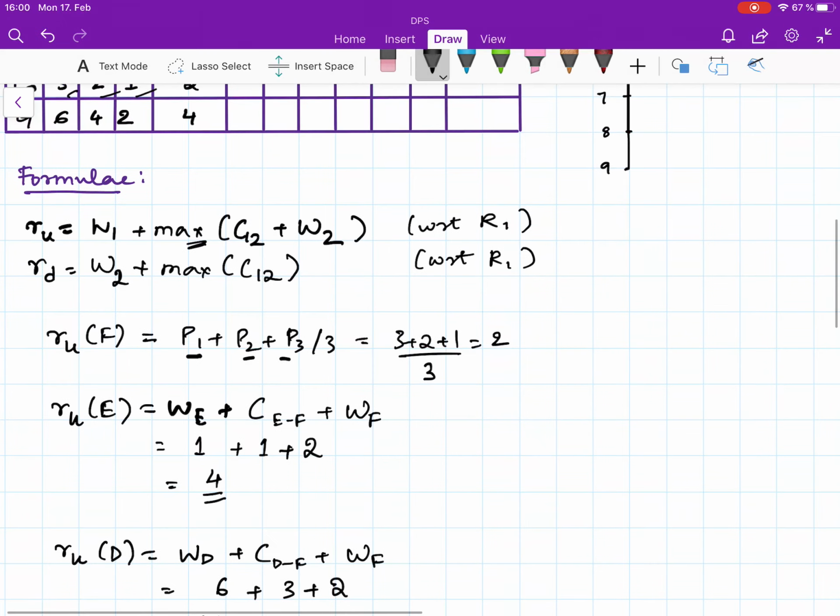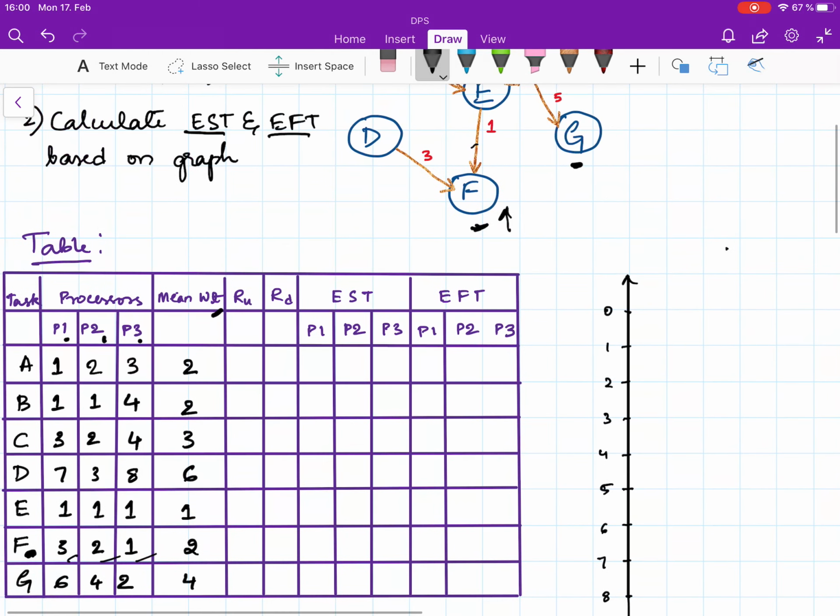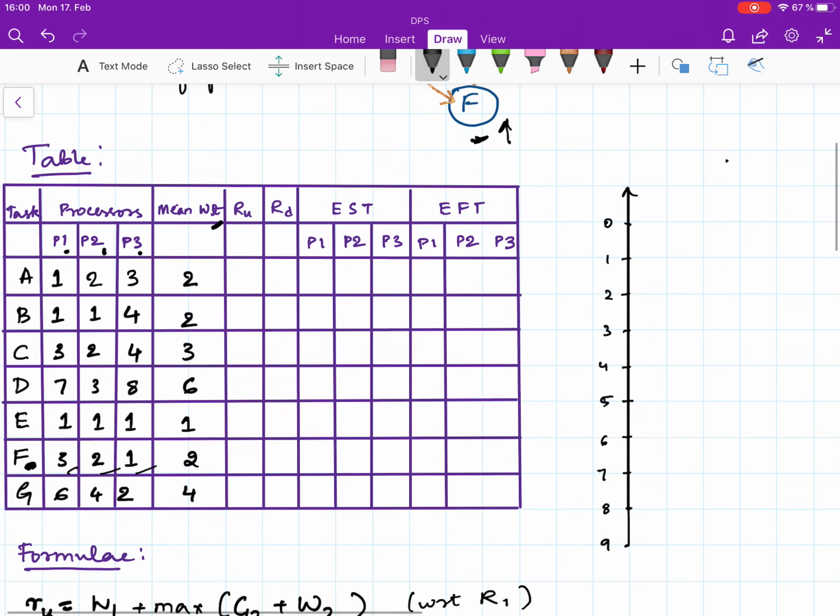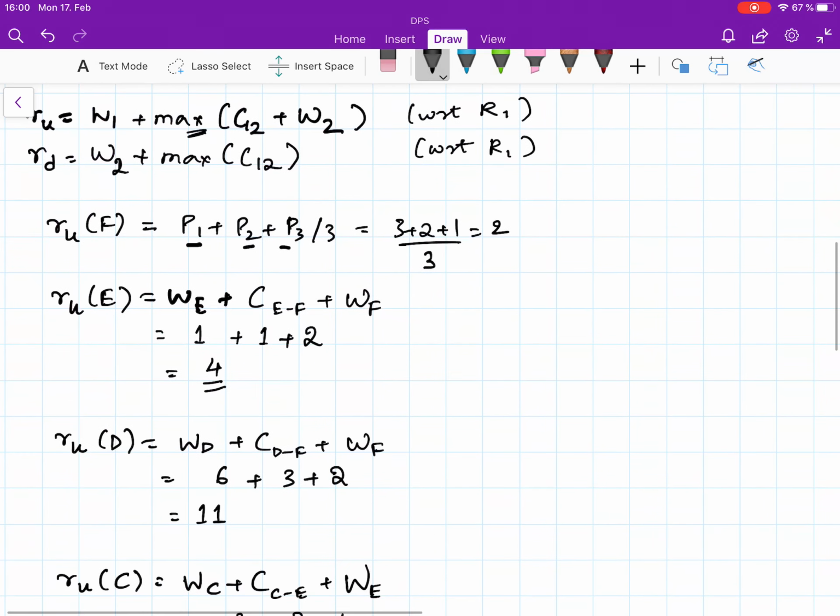Okay, so the next task would be D. It's the same again, weight of D, and since D has a lower node which is F, calculate the communication between D and F, and you add the weight of F. This is pretty simple again, right?